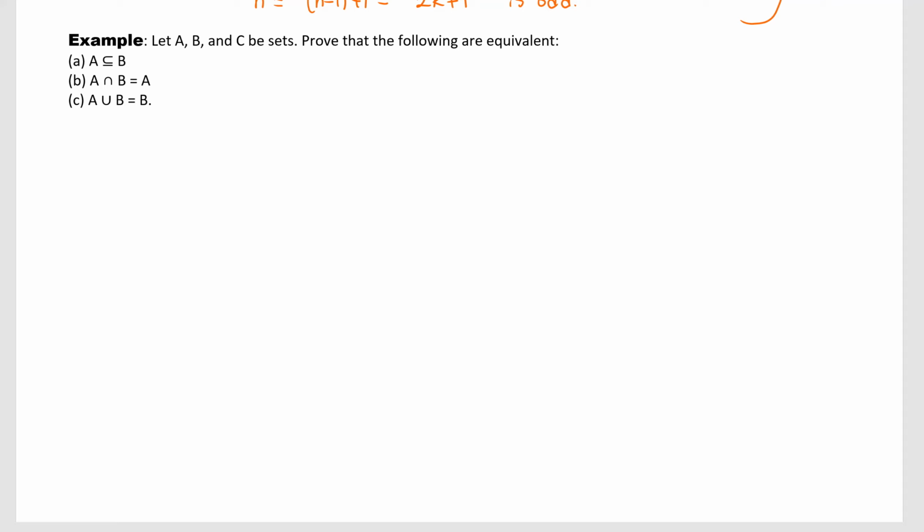So one way is, you have A, you have B, you have C. One way to show that they're equivalent is you can show A implies B, and B implies C, and C implies A. Then they're all equivalent. Okay, so let's follow this order. We're going to show the first one, A implies B.